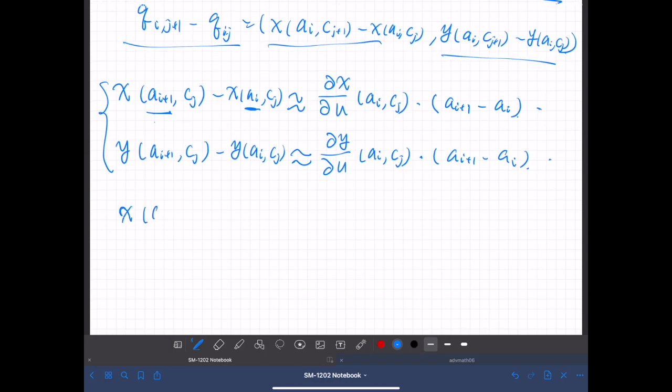And similarly for this one, x(ai, cj plus 1) minus x(ai, cj) can be approximated by dx/dv. And the difference is between this and this, so cj plus 1 minus cj.